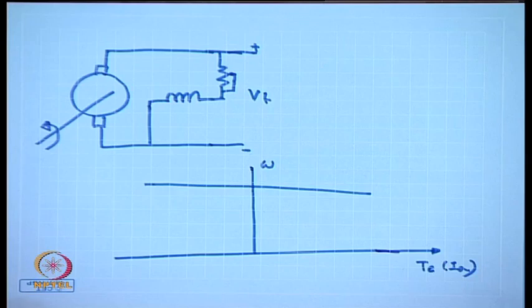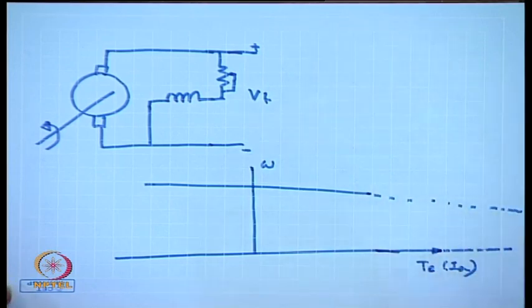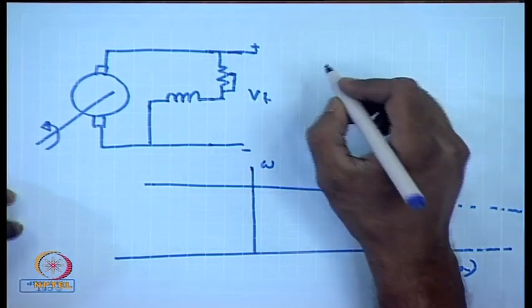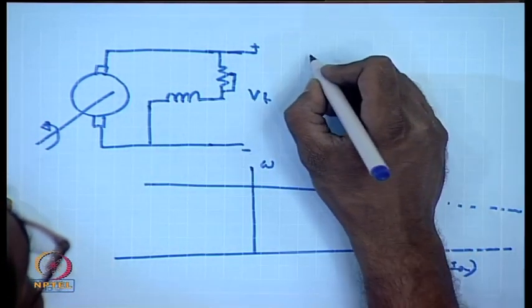So, what will be the torque? That will be obtained by extending both these lines. So, we can very easily see that at start there will be a huge current and a correspondingly huge torque. This is obvious because at start the back EMF is 0.